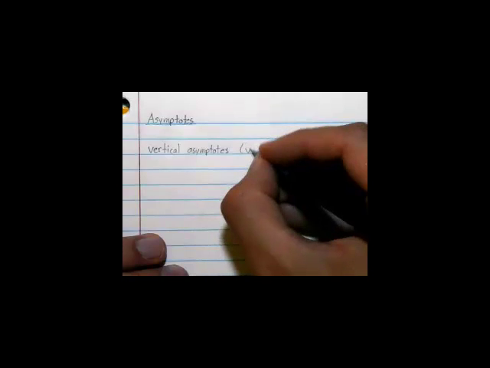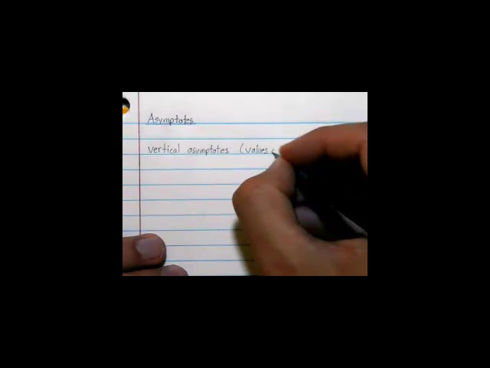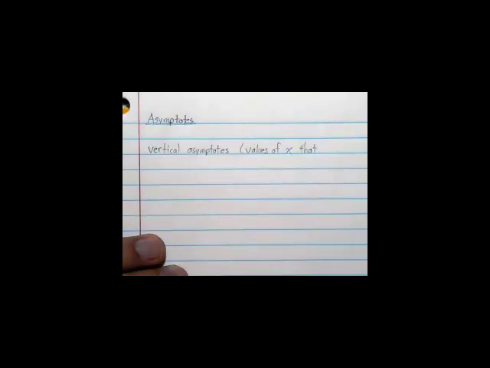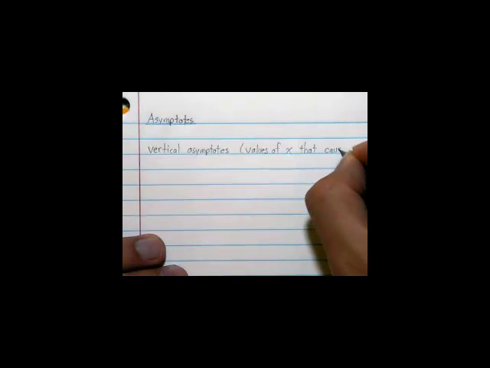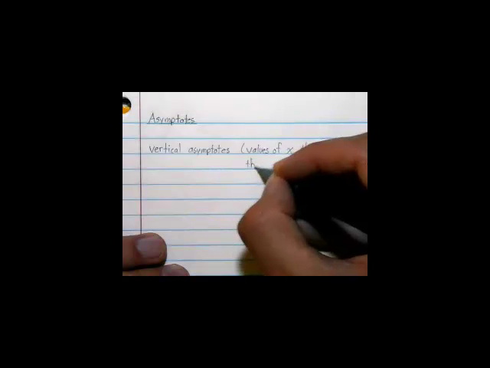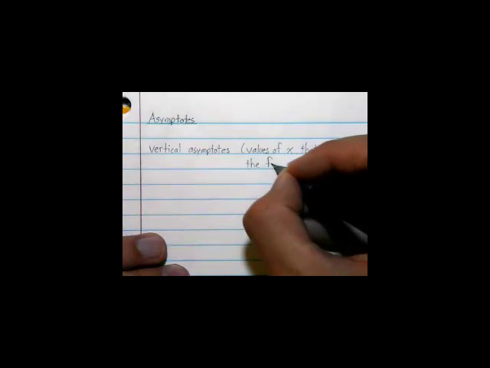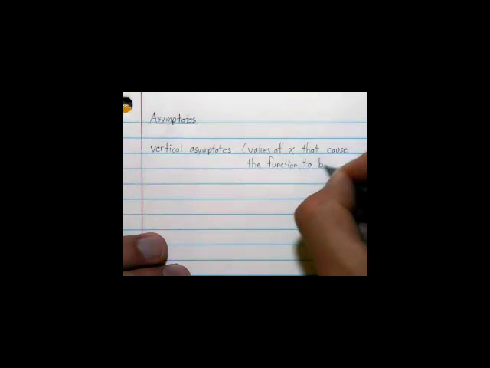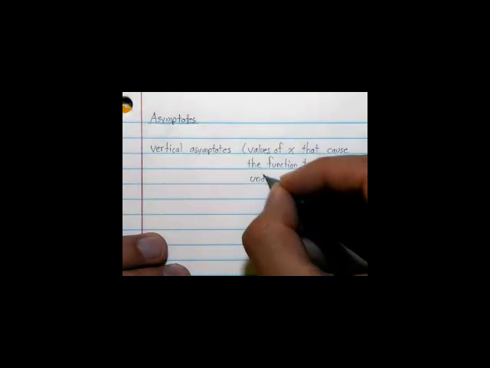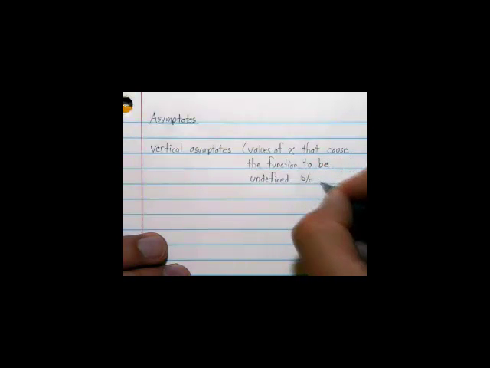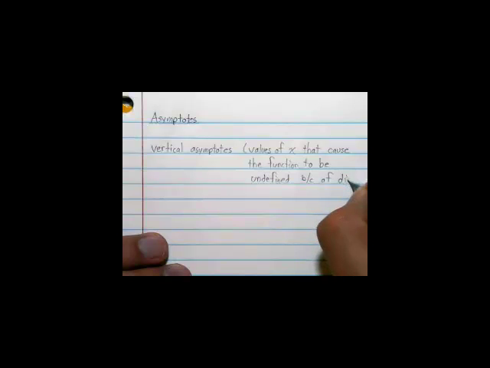So basically, I guess in general, they're values of x that caused the function to be undefined, because of dividing by 0.